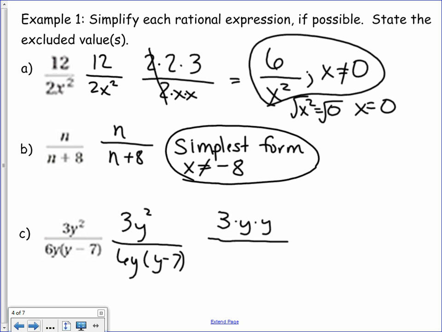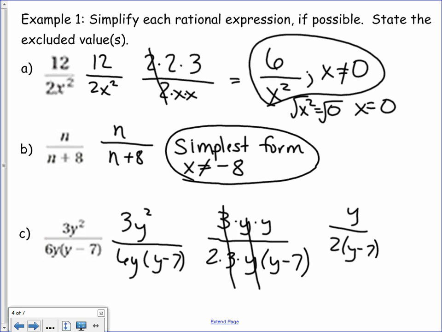So 6 times y is just 2 times 3 times y, and then y minus 7. Okay. Now we'll cancel out or divide out the common factors. So we have a 3 and we have a y that's in common. So then we're left with y divided by 2 times y minus 7. Okay. And we can't simplify this anymore.